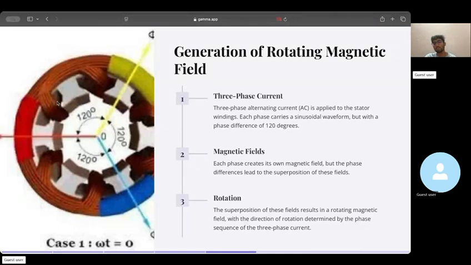The sum of the speeds is the same, and this helps us have consistent electricity and consistent rotation.